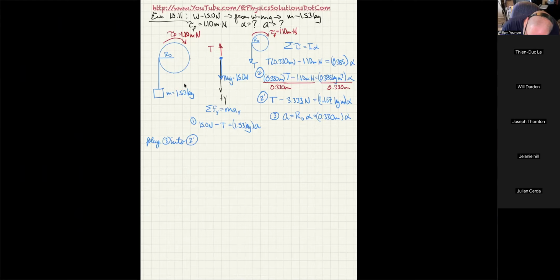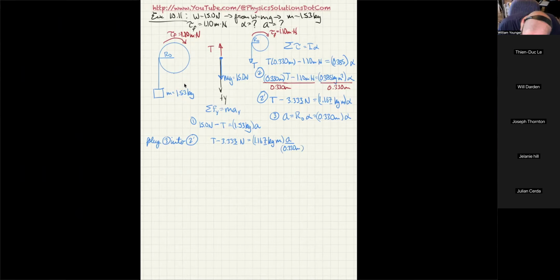So now that means I get T minus 3.333 newtons is equal to 1.167 kilograms times meters. Now alpha is going to become A over R, so that's A divided by 0.330 meters, like that.